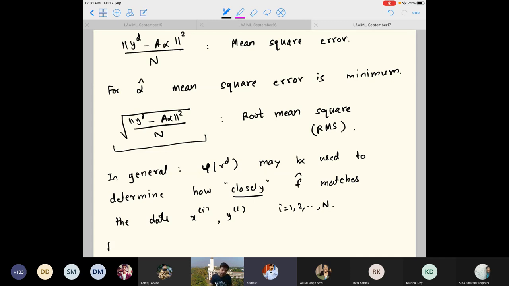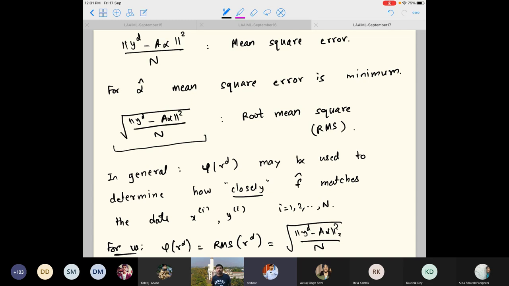For us, this phi of rd is basically the root mean square of rd, which is nothing but the square root of the norm of yd minus A alpha squared, divided by capital N. That is what we have.